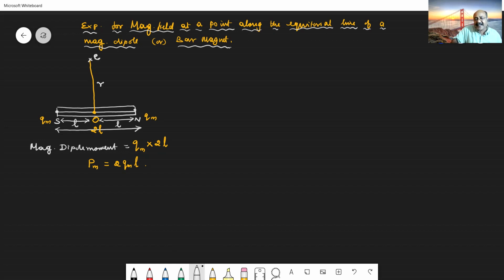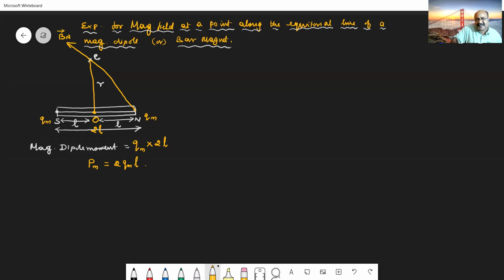Now, the point C is experiencing two magnetic fields, one due to the north pole and another due to the south pole. The magnetic field at C due to the north pole acts along the line joining the north pole and the point C, and it acts away from C. Let us consider that magnetic field as Bn vector.